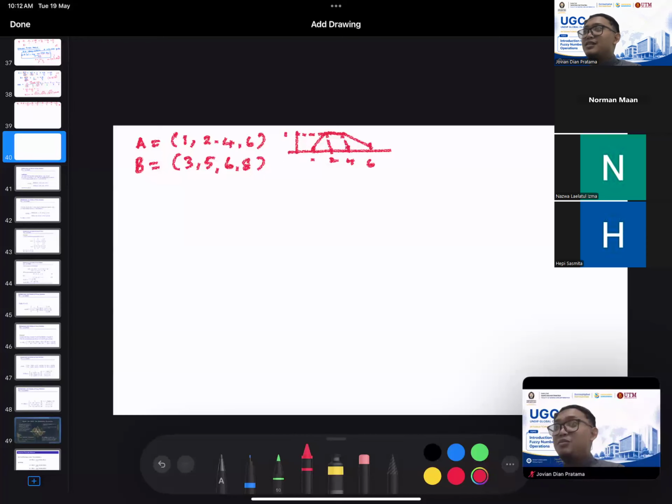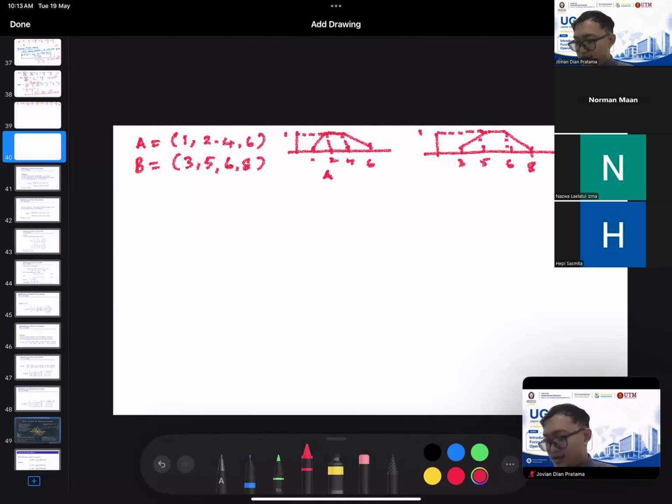When we talk about a fuzzy number, the membership function or the fuzzy set must be normal, meaning that the highest fuzzy value should be equal to 1. That is A. Then for B we have 3, 5, 6, and 8. The trapezoidal fuzzy number will look like this. This is 1 also, then this is 5, and then this is 6.